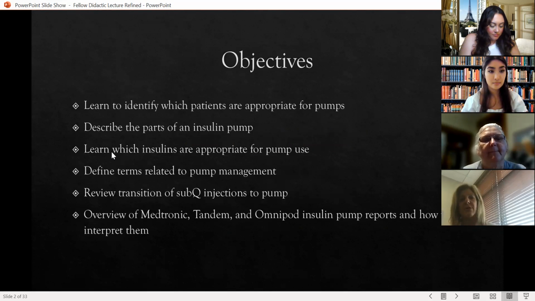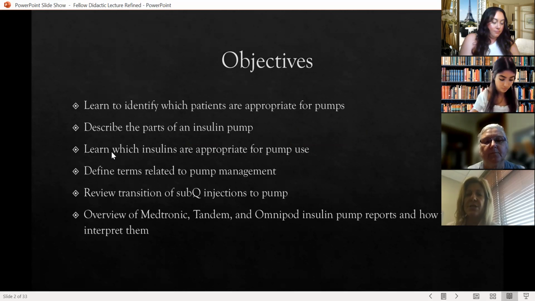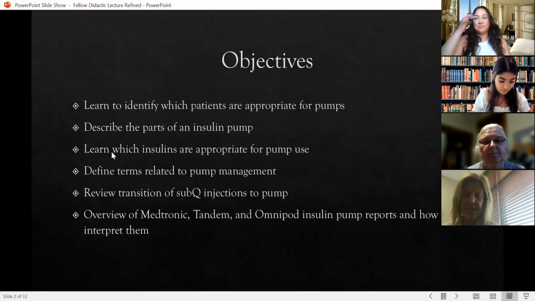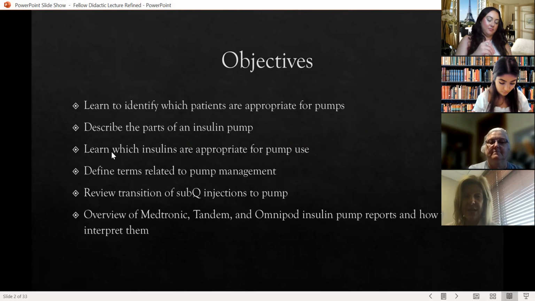As always, we start with some learning objectives and going to try to keep it pretty simple. Patients that should be or could be on pumps, learning the appropriateness of it, trying to just give you some pump terminology, and that sometimes is a big aspect for both patients and providers to learn, because all the pump systems also have their terminology, so it gets a little bit complicated.